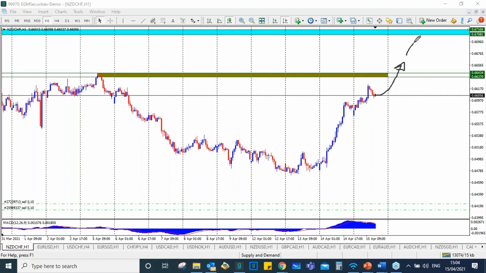So my second level of interest is therefore this particular zone. So this is our second supply zone. So if this zone is broken, I'd be looking to see how the price reacts to our second supply zone.